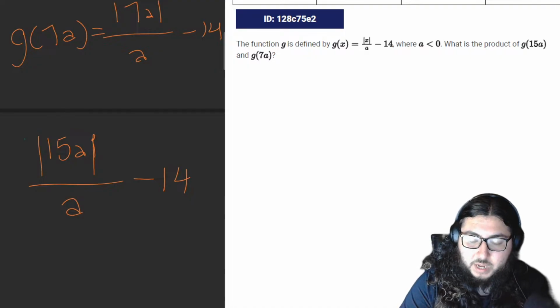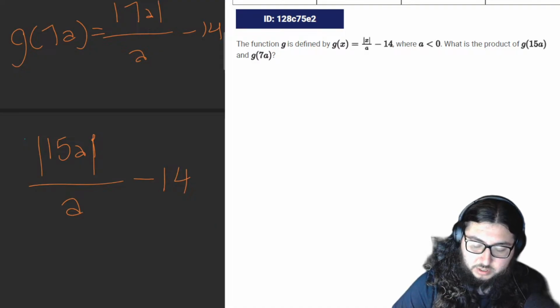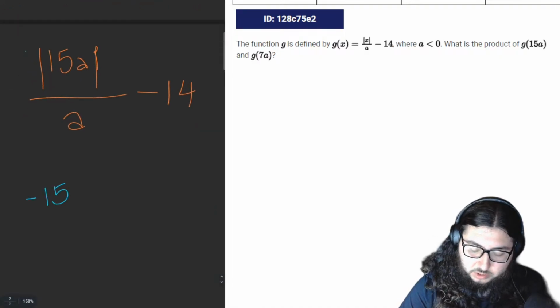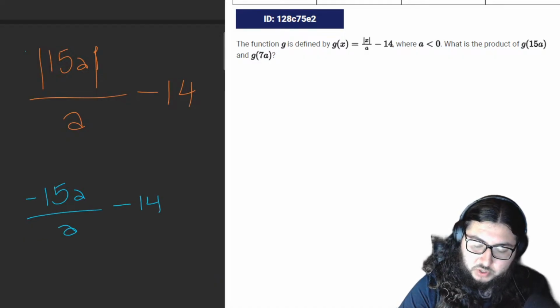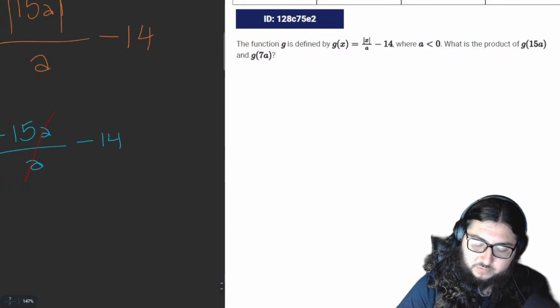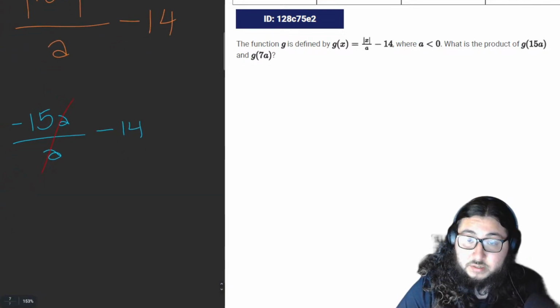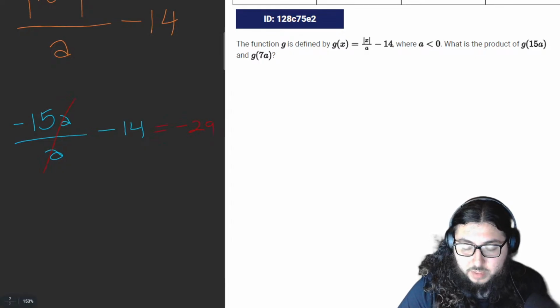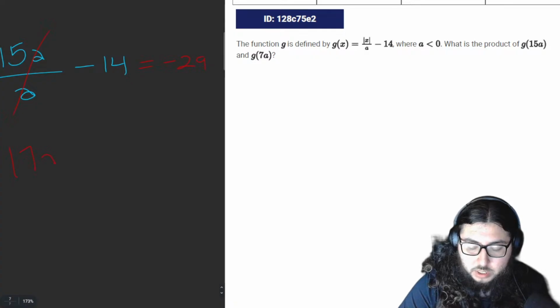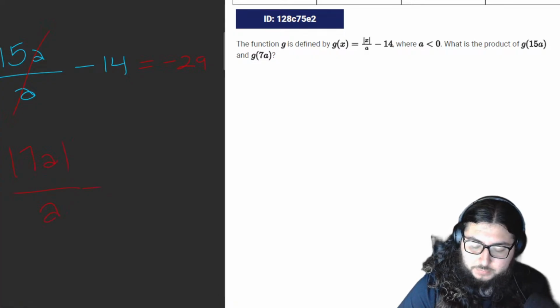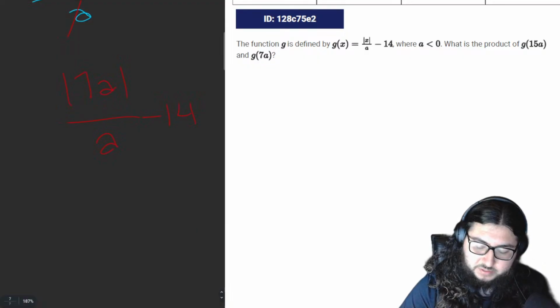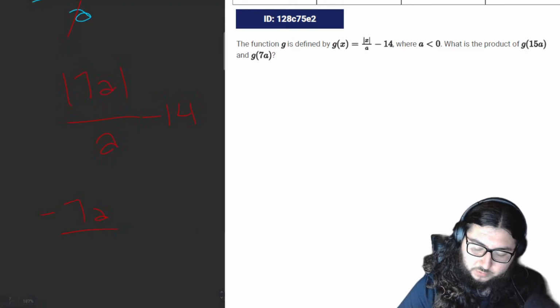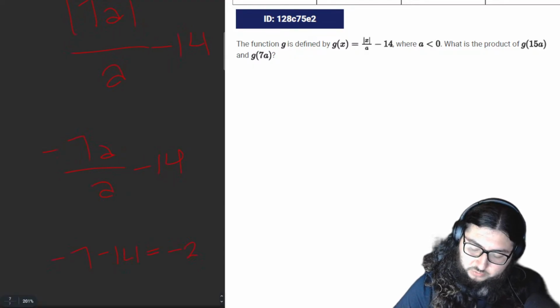So that means that the absolute value of 15a is, confusingly, negative 15a. And this is over a minus 14. So this cancels out, and we have negative 15 minus 14, which is negative 29. And then similarly for the next one, g of 7a, the absolute value of 7a is going to be negative 7a. So negative 7a over a minus 14, we have just negative 7 minus 14 equals negative 21.